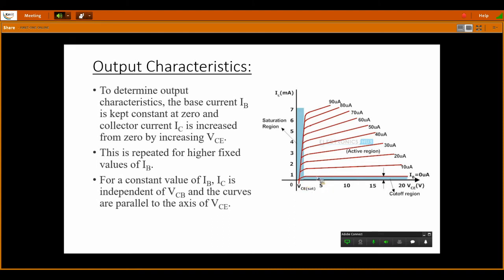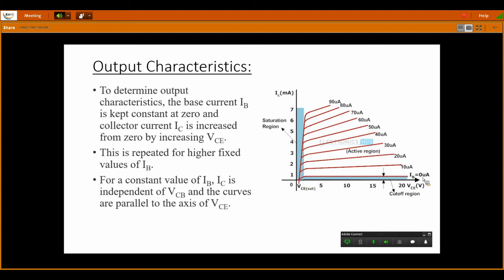Then we find the variation in the collector current by increasing your collector to emitter voltage. As with the common base configuration, it doesn't depend on the variation in the collector to emitter voltage, but only on the voltage applied at the base to emitter junction.